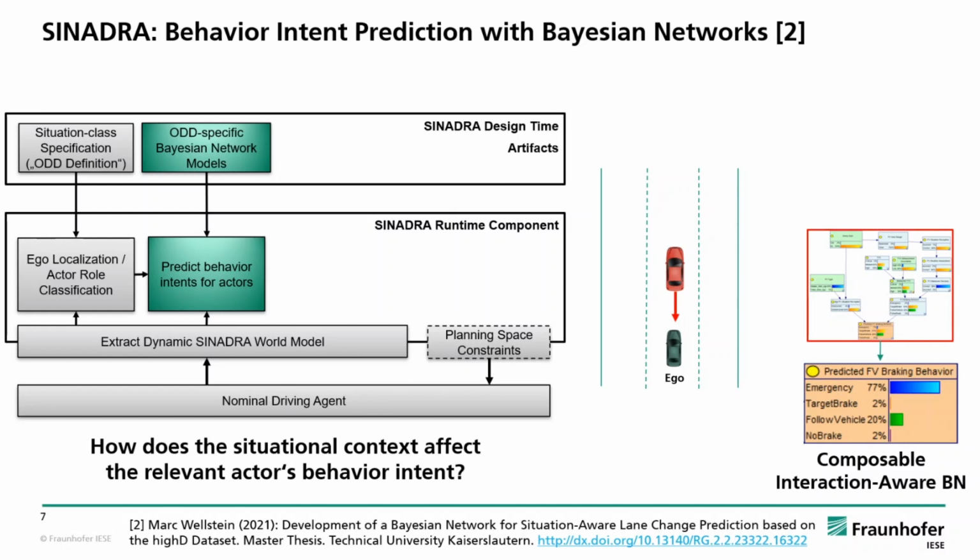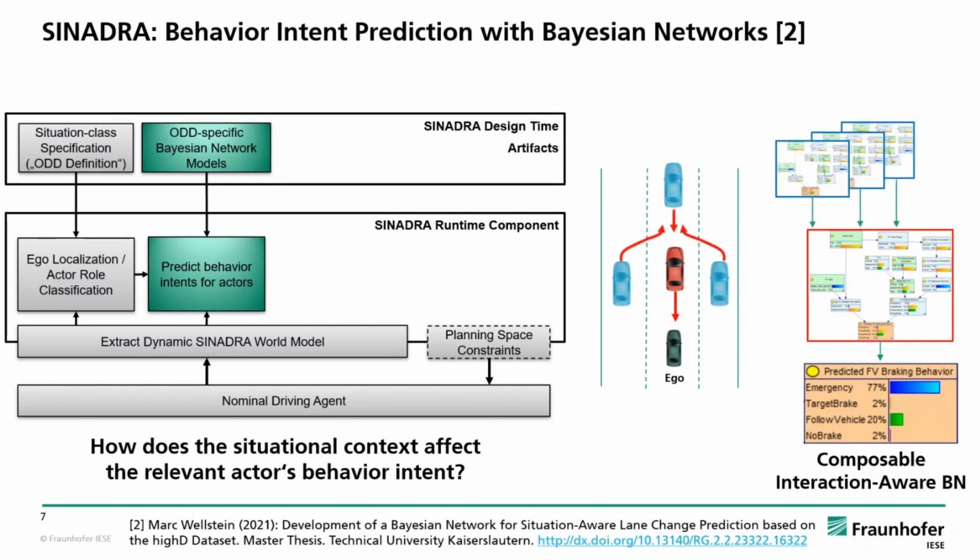And the red Bayesian network here is supposed to contain all the things that we have seen in the first slide, where we are talking about the kinematic state of this particular vehicle. But the important step now comes in the next stage, where we are saying, in addition to the kinematic state of the red vehicle, we are also taking into account potential influences from other vehicles, which influence what this red vehicle is actually doing in the next time.